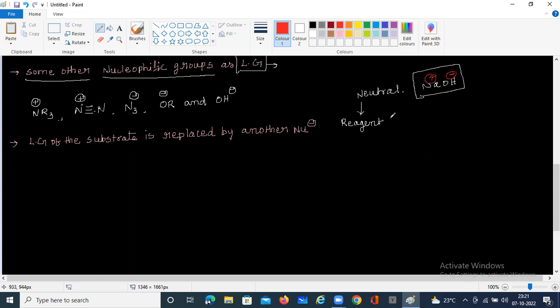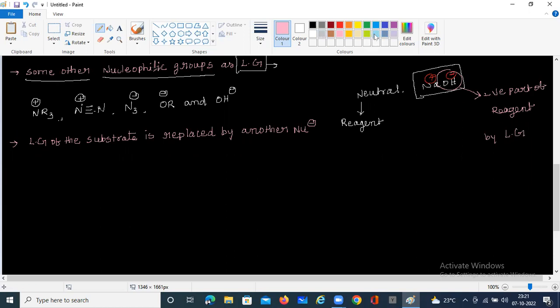So if the reagent is neutral, then the leaving group is always replaced by the negative part of the reagent. Please understand, my dear students, only the negative part of the reagent replaces the leaving group.